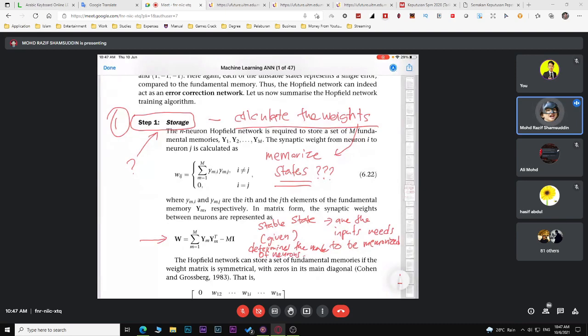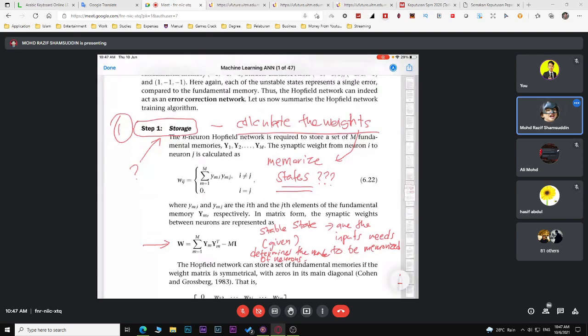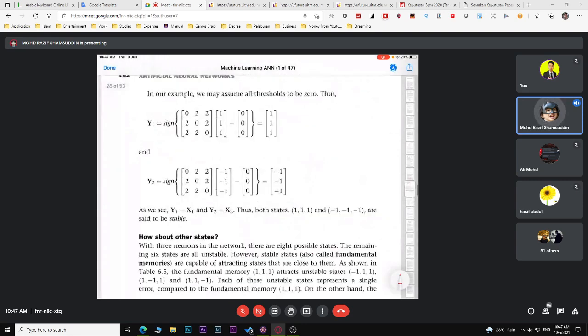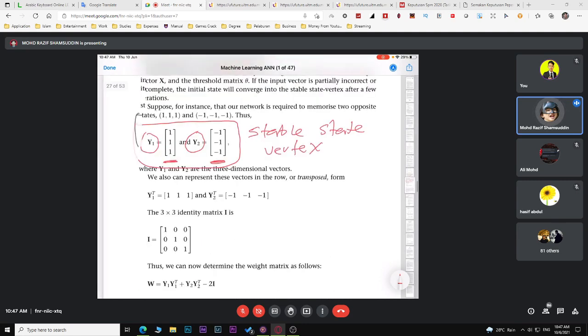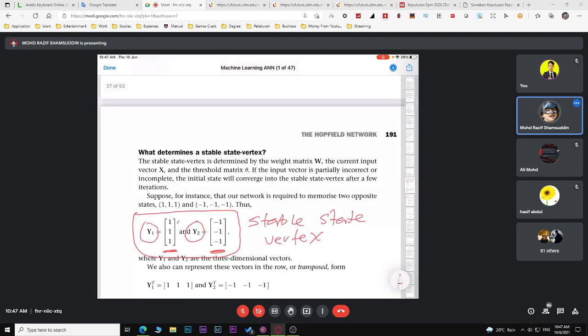Sebab kita tengok dia punya number of vector dia. So in this example, okay, stable state dia macam ni, ada dua kan. Lepas tu vektor dia ada 1, 2, 3. So bila ada 3, kita tahu input neuron dia ada 3. Okay.